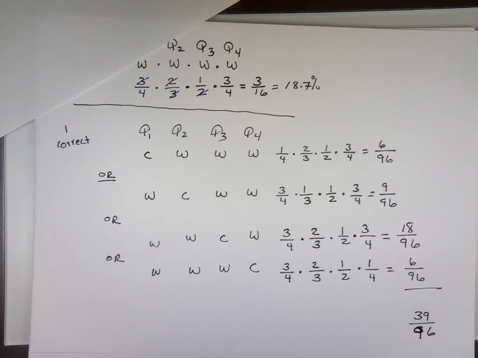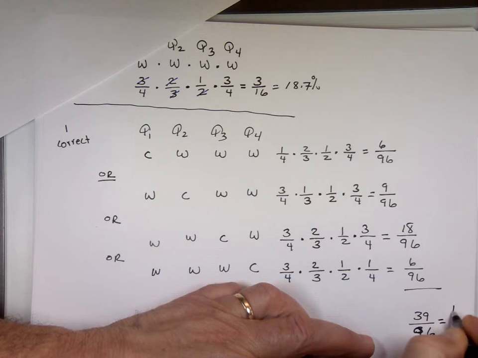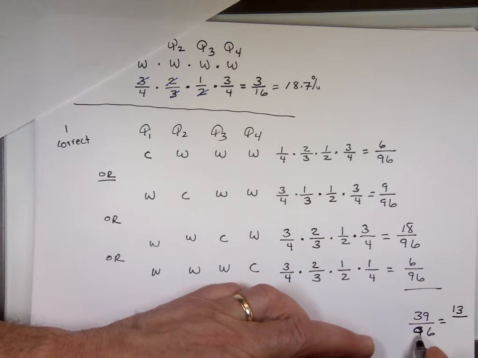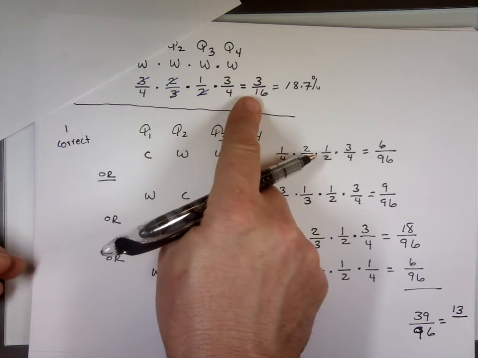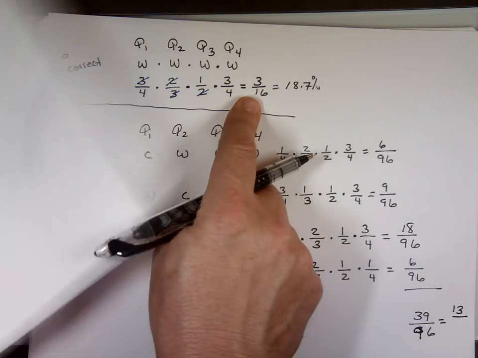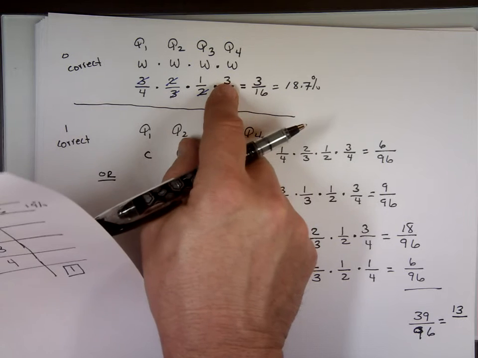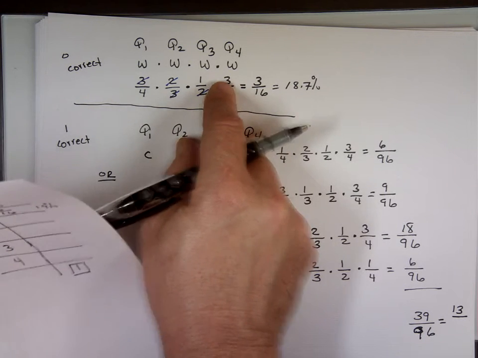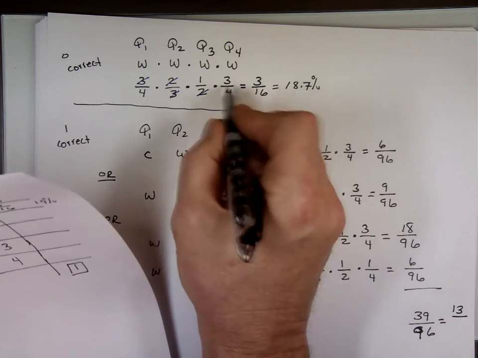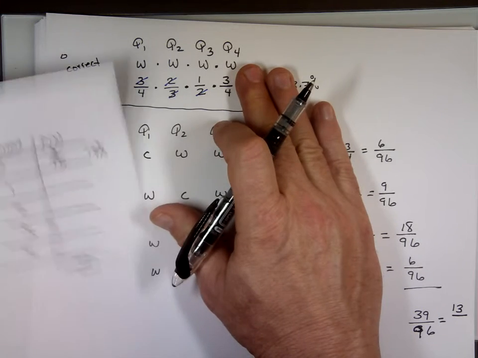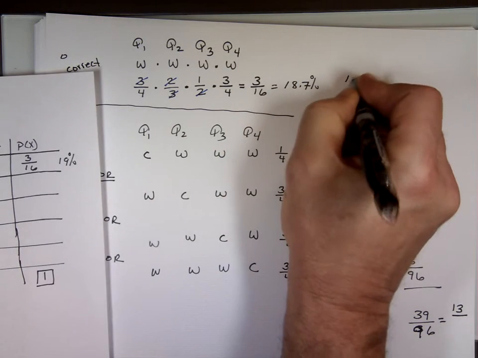Notice both of these numbers you can divide by 3 if you want to simplify them. I should have left them in terms of 96. You know what? I'm going to leave them in terms of 96. So for this it's really 18 out of 96.